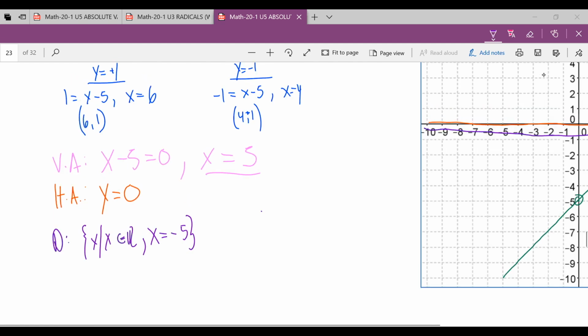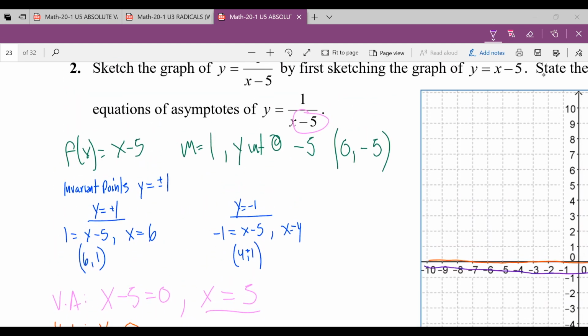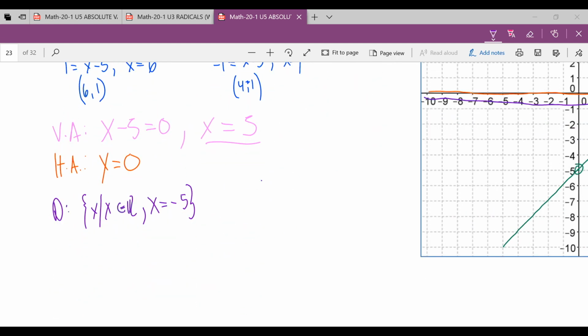And negative 5 is not permitted because, once again, of this denominator non-permitted value. If x were positive 5, then the denominator would be equal to 0. The whole equation would be undefined and it blows up. And finally, the range, values of y, y's member of the reals.